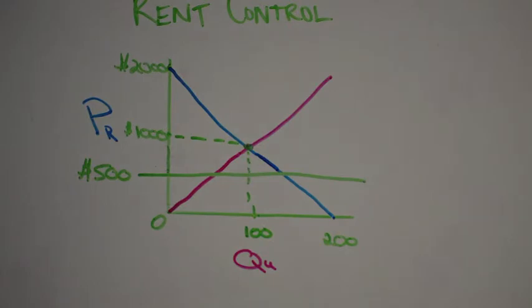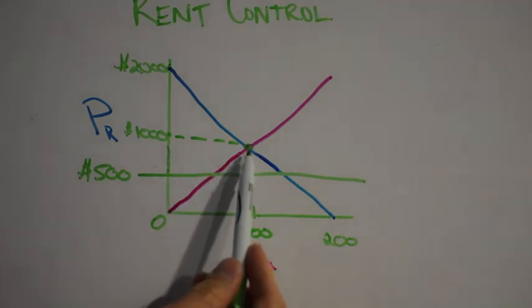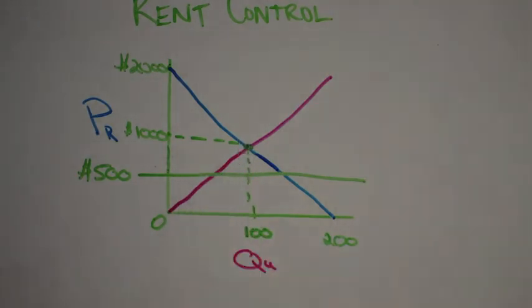So the government's not allowing any rent higher than $500. Now what a price ceiling does is it stops a competitive free market from reaching that equilibrium price, in this case $1,000 for rent. So what does that actually do to the marketplace?